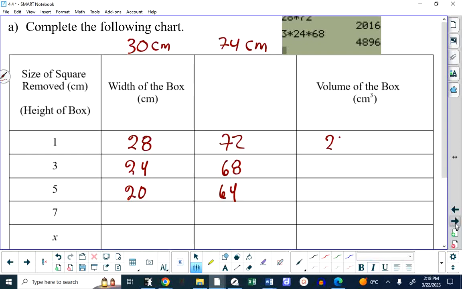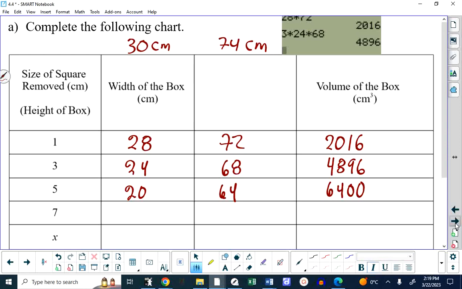This is 2016 cubic centimeters, 4896. And you said 6,400? Is that right? That's really enough to demonstrate my point that cutting out a centimeter from each corner in this situation produces a certain volume that's nowhere near the maximum.